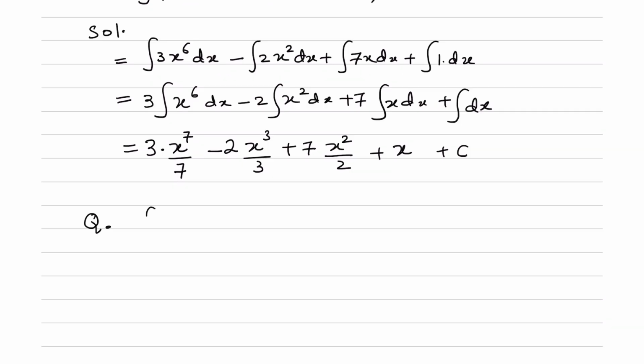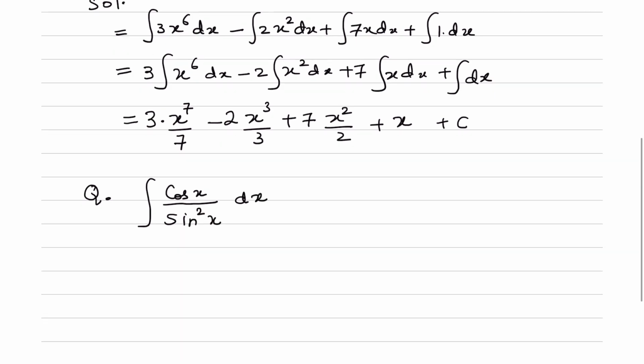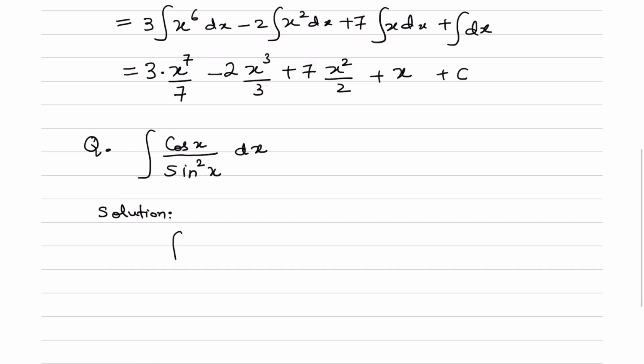Let's solve another question. We have to integrate cos x divided by sine square x. We know some formulas. Keeping those formulas before us, we will solve this integral. We can rewrite this function as cos x by sine x into 1 over sine x.